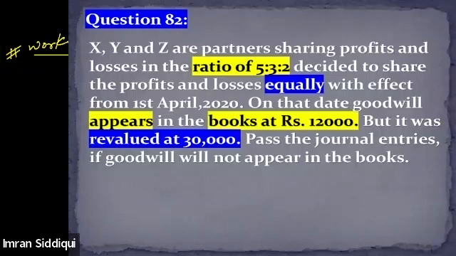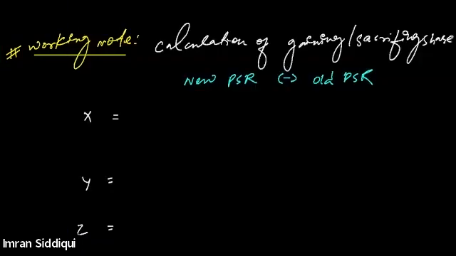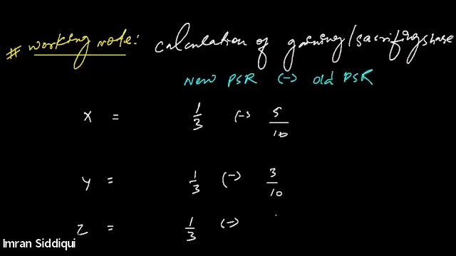Everybody is able to see that, equally. So that means the new profit sharing ratio is 1/3, 1/3, and 1/3 for everyone. But the old profit sharing ratio was different. Old profit sharing ratio was 5:3:2. So that means earlier X was sharing 5/10, Y 3/10, and 2/10 for Z. And based on it, we will be able to determine the gaining and sacrificing shares of the partners.